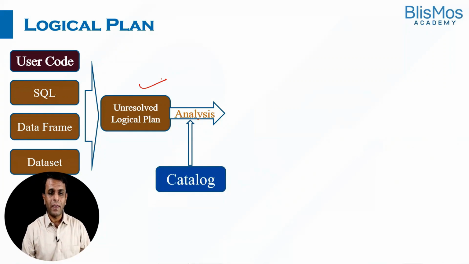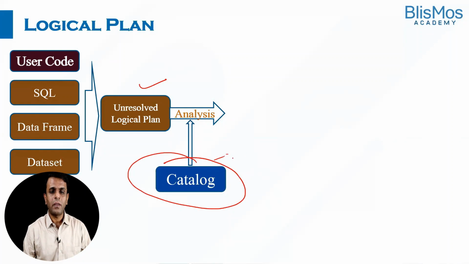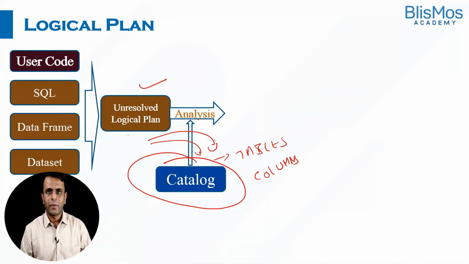Spark has a catalog which maintains the information about tables and also columns, the valid ones. So whatever code you have submitted is compared with the tables and columns in the catalog, and if it is fine, then only it will be passed on to the next stage.